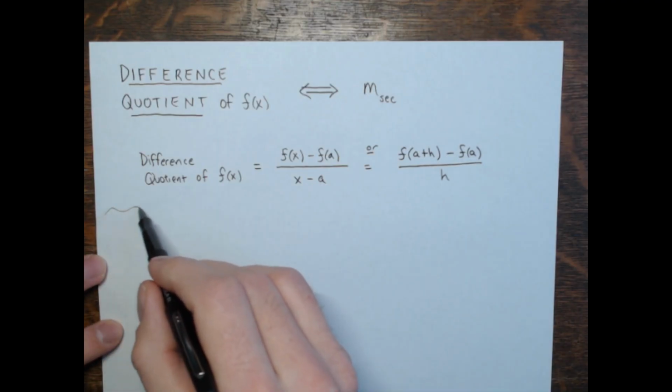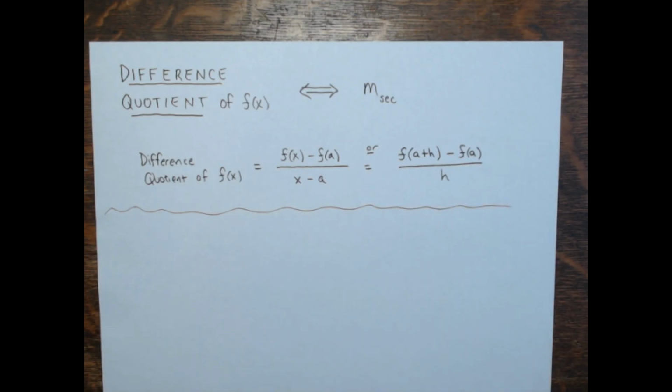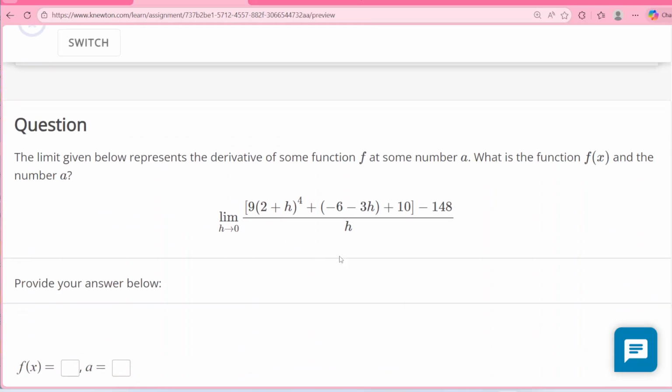Now, what you're asked to identify in this question, look back at the question. You're given this limit of a difference quotient, right? This expression here after the limit represents the slope of a secant line to some given function.